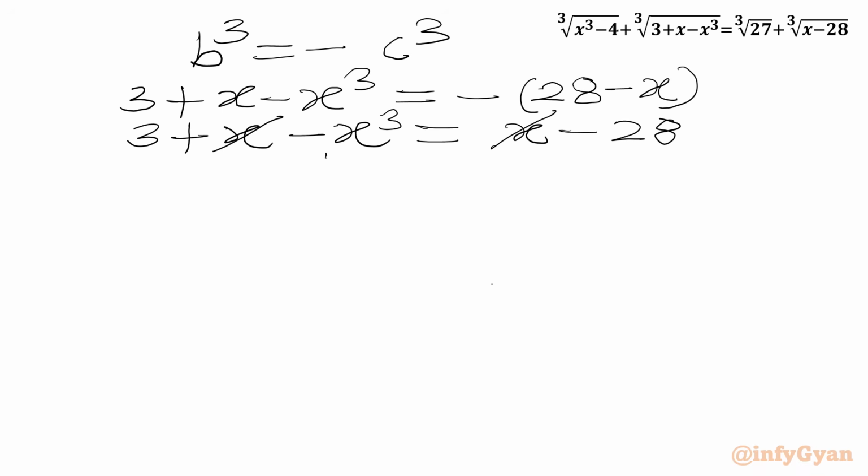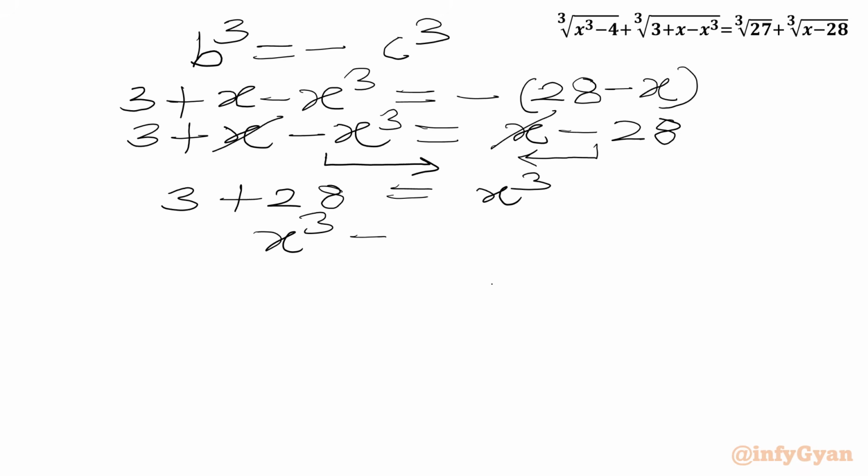Now we'll take minus x cube to the RHS, minus 28 to the LHS. So we will write 3 plus 28 equal to x cube. So x cube will be equal to 31, which we can write cube root of 31 whole cube.